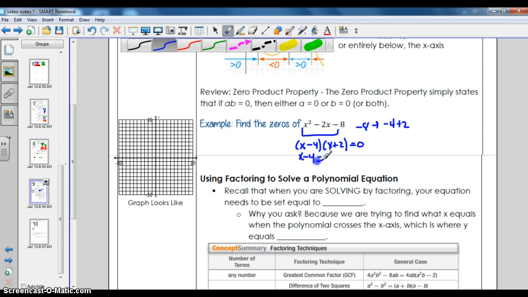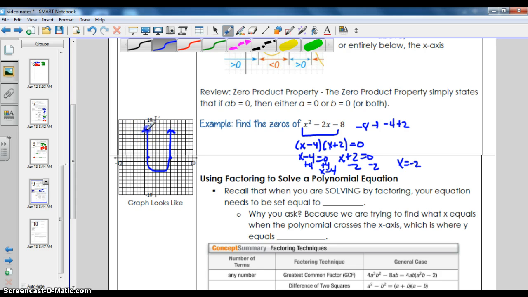So x minus 4 equals 0, x plus 2 equals 0. Subtracting 2, we get x equals -2. Over here, adding 4, x equals 4 is our other zero. So what that would look like on the graph is -2 and 4, and it would be going through those two zeros.